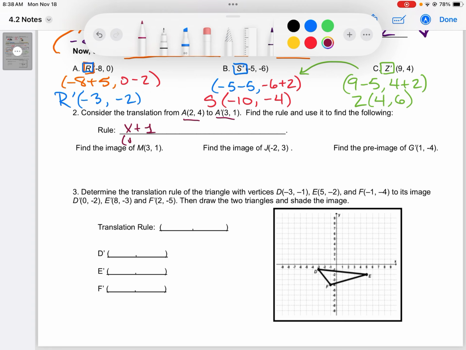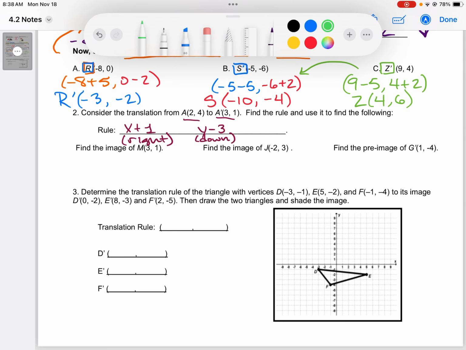Well, I would apply x plus 1. And that would be to the right, just in case you were wondering. And then how did I get from 4 to 1? Well, you would go y minus 3, and that would be down. And so you can look at 2 points and compare them and figure out, between the x's, what change happened, and between the y's, what change happened.